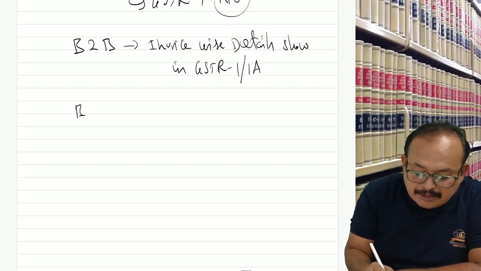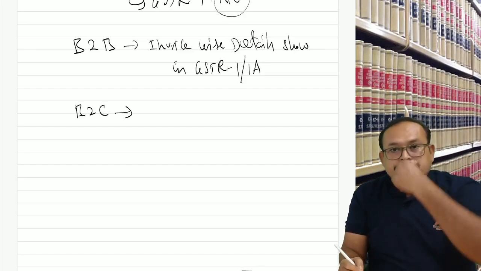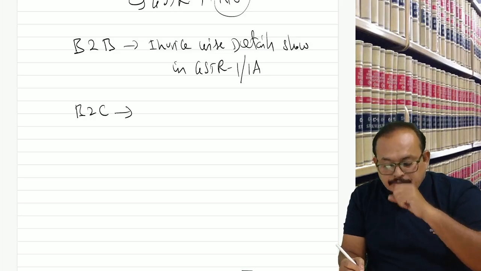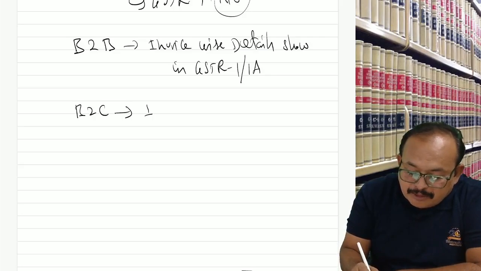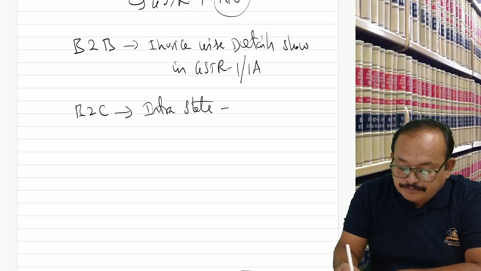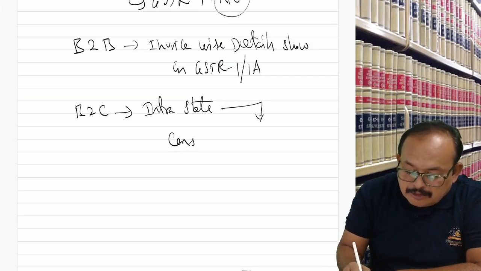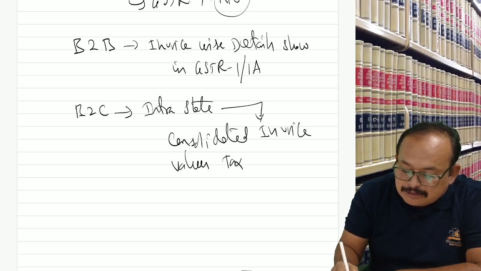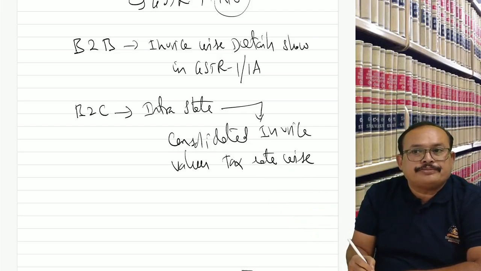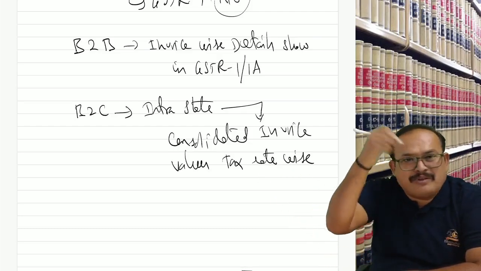If it is B to C intrastate, consolidated invoice values, tax rate wise, you can show irrespective of the value.